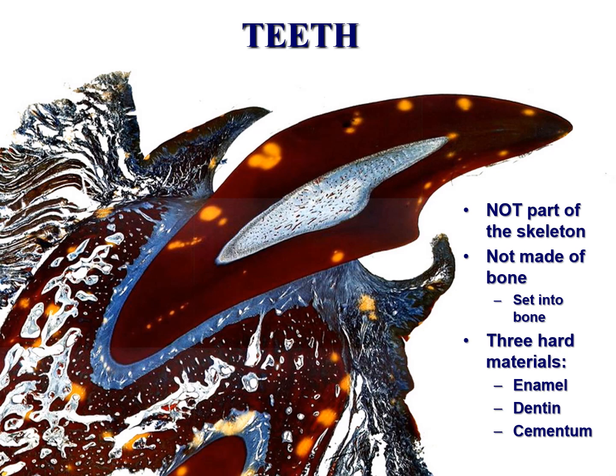The second thing that we have in the oral cavity is the teeth. The teeth are not part of the skeleton, because if you remember, we talked about the skeleton. Usually the bones originate from the mesenchymal connective tissue, and this mesenchymal connective tissue can be responsible for the formation of cartilage, and later the cartilage can be replaced by bone, or can be directly transformed into osteoblasts, and these osteoblasts form the bone.